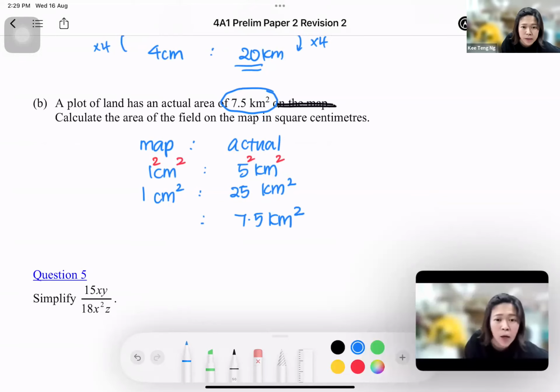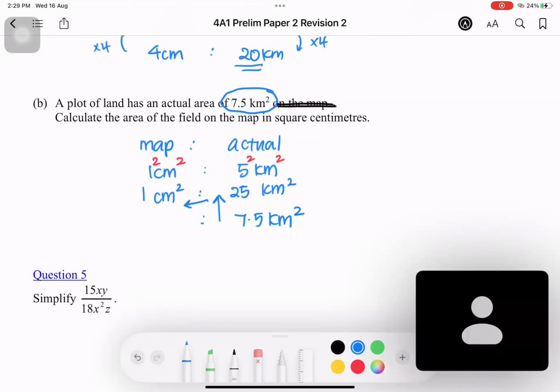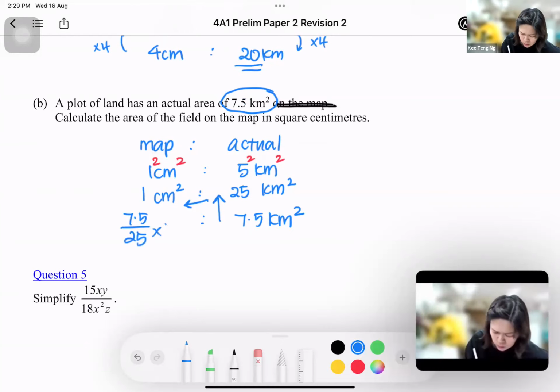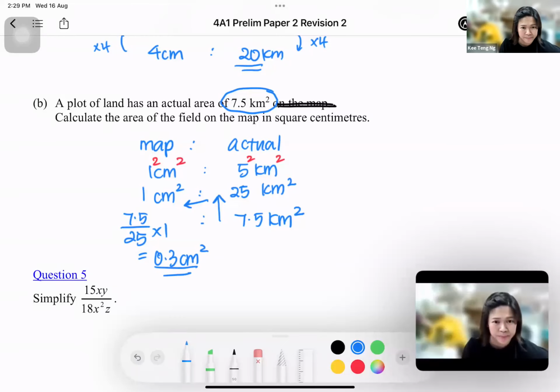Okay, how do we do the working to find the answer? 7.5 over 25 times 1. Okay, so that gives me the number 0.3 cm squared. Okay, so we have this for our area.